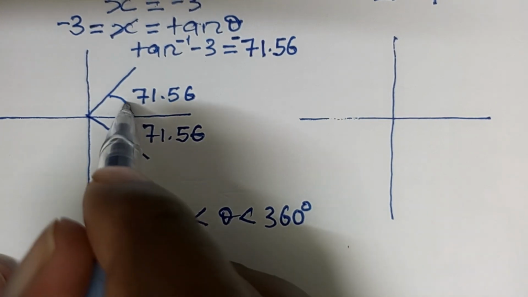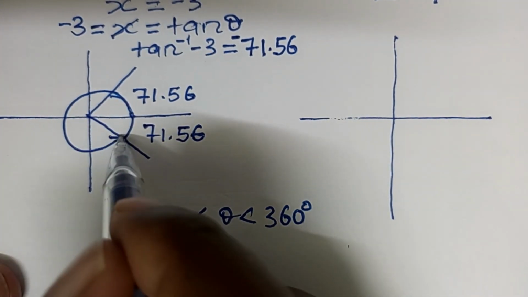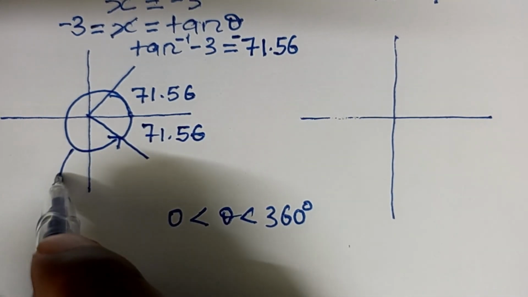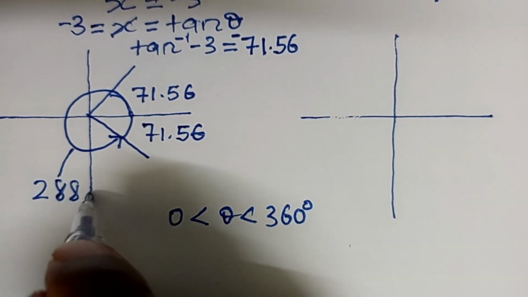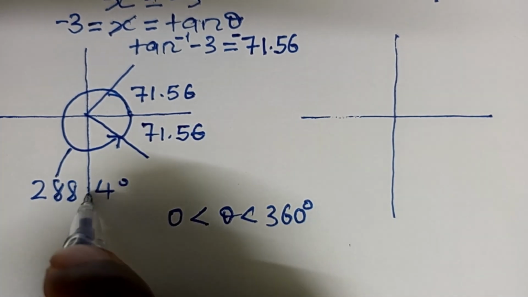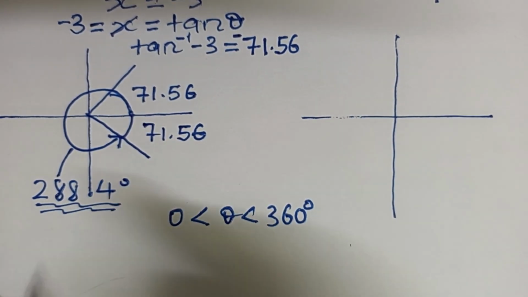We move from here until we reach there, and this one comes to 288.4 degrees. And so therefore, this is our first solution.